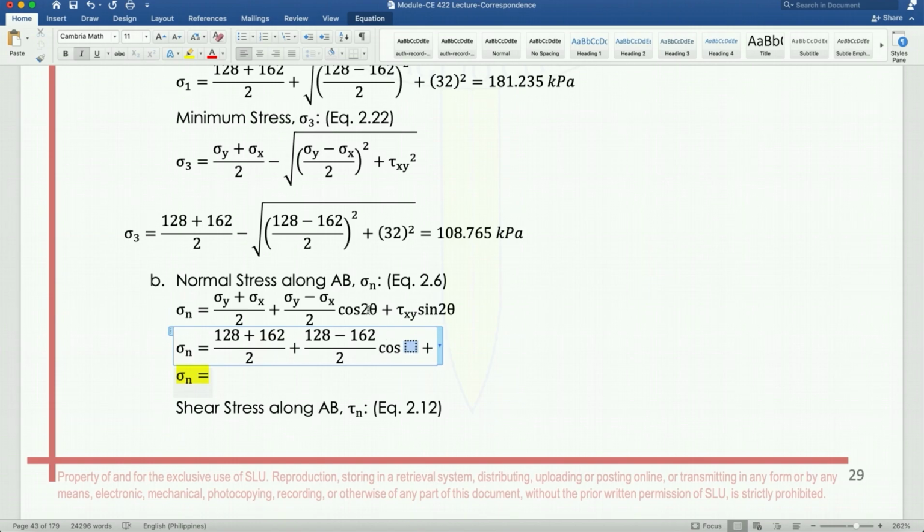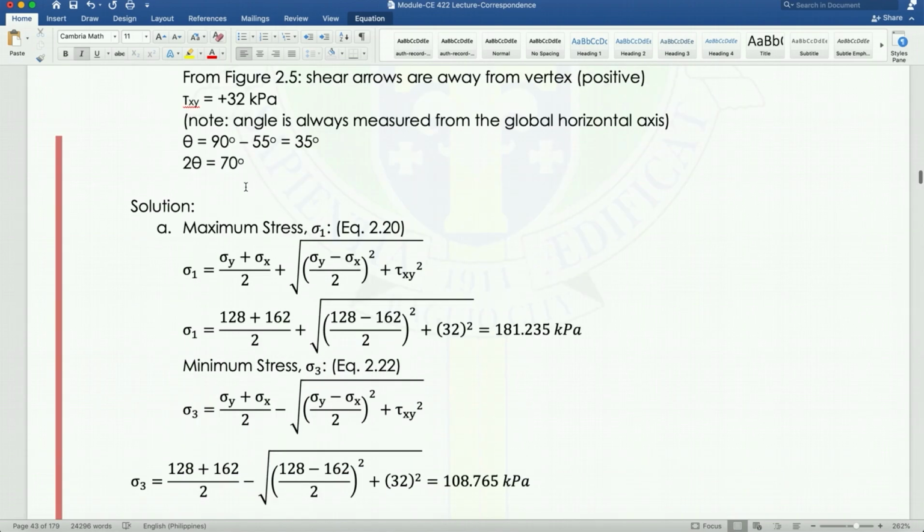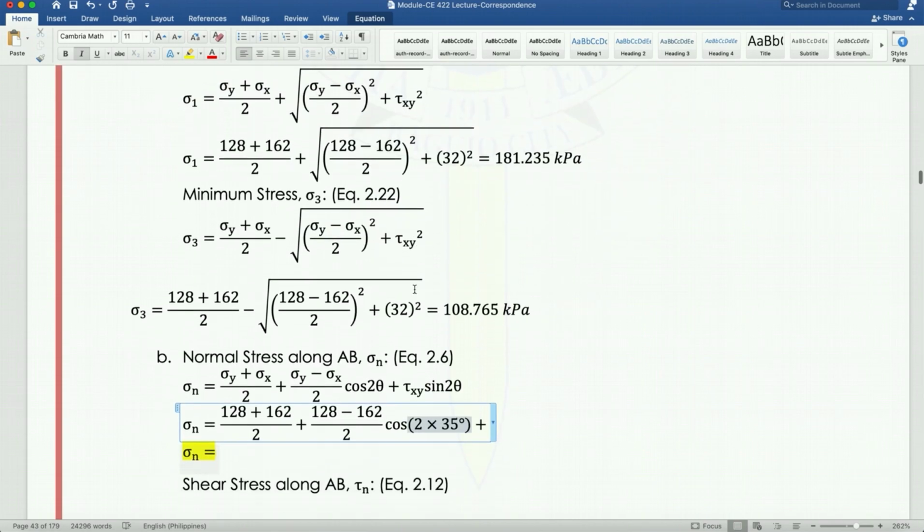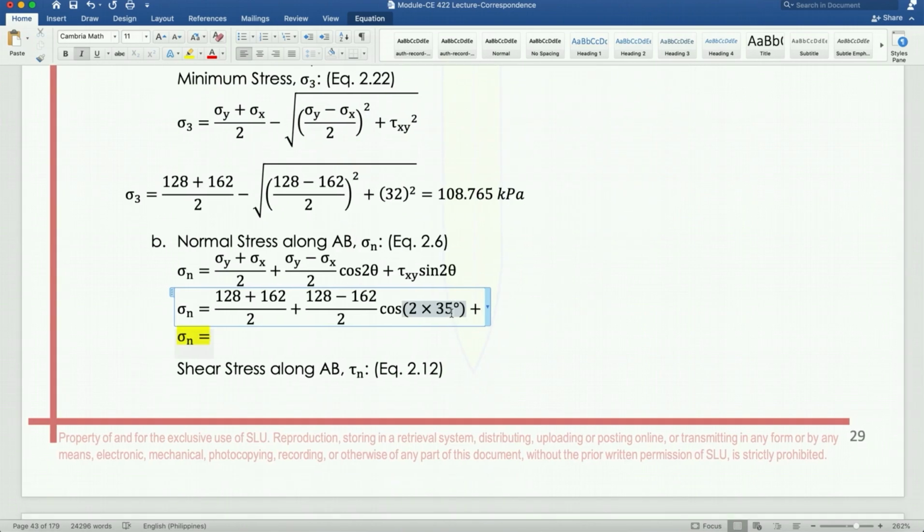Take note that we have here 2 theta. So cosine of 2 times 35 degrees. But we already solved that earlier, which is 70 degrees. We can go straight to 70 degrees so we don't make it hard for ourselves. So, 70 degrees.